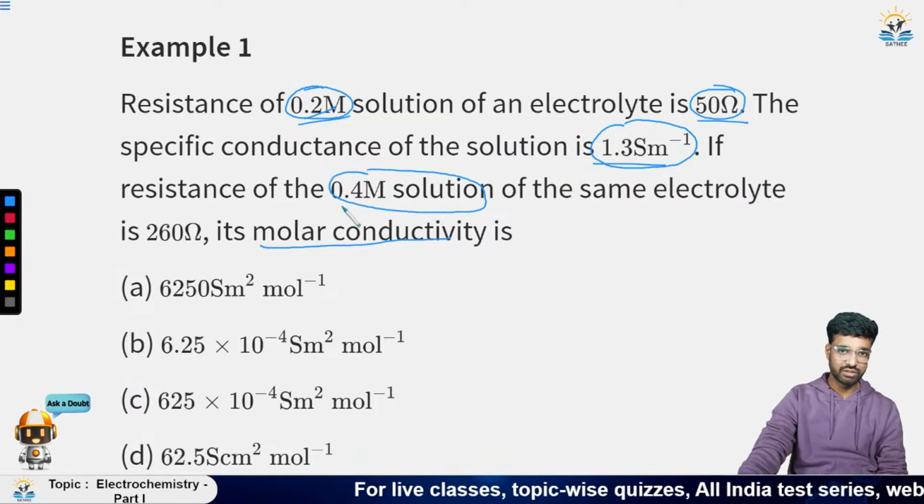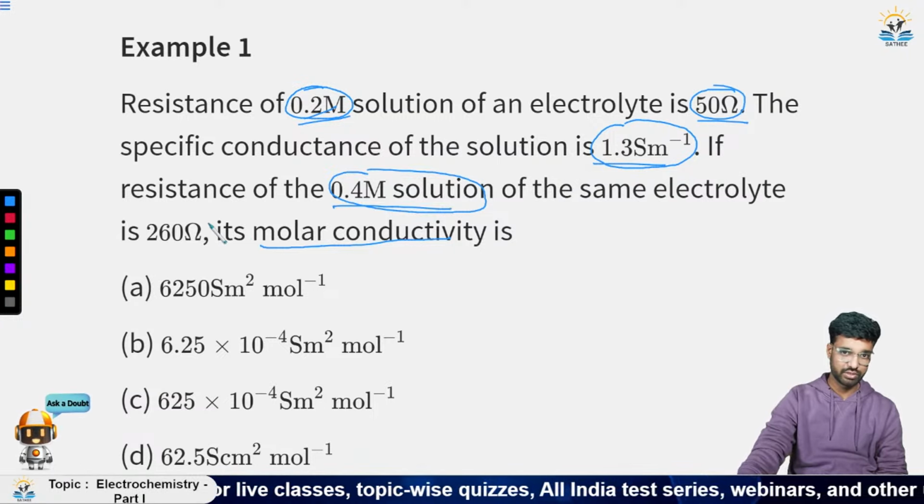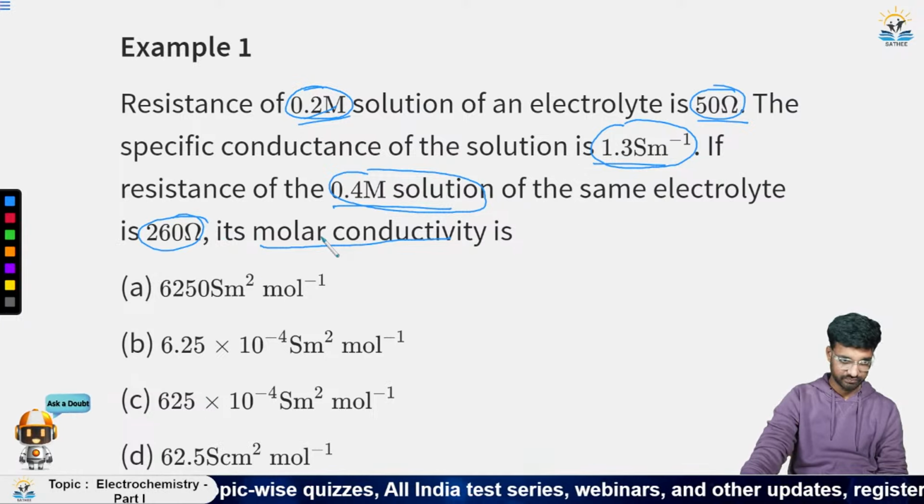If the resistance of the 0.4 molar solution of this same electrolyte is 260 ohm, what is its molar conductivity? So we are given two different solutions.